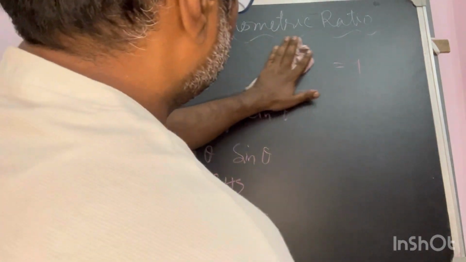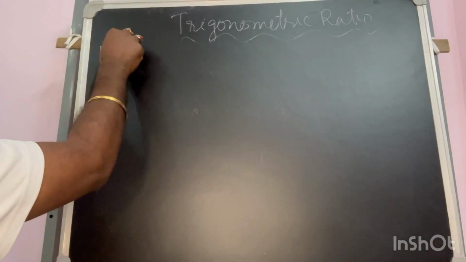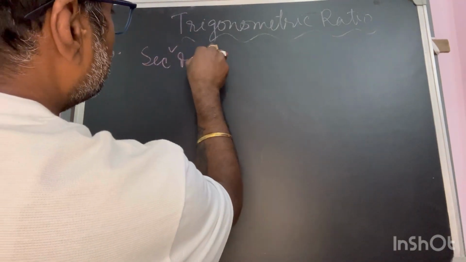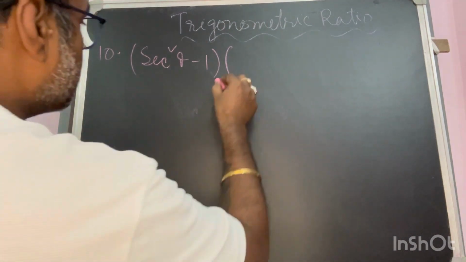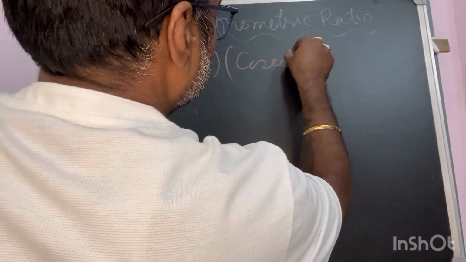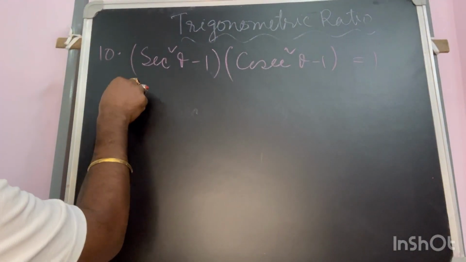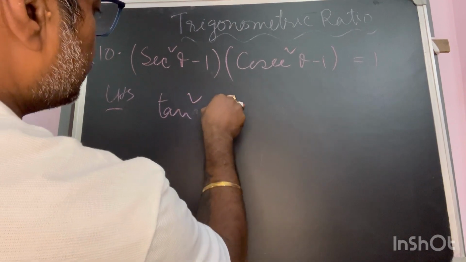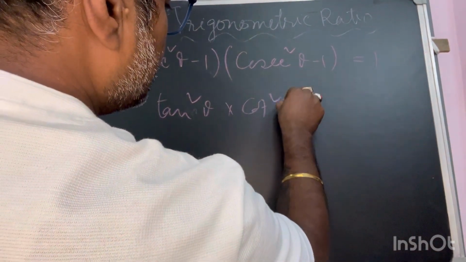Okay, moving to the next, 10. Sec square theta minus 1 into cosec square theta minus 1 is equal to 1. Left hand side, sec square theta minus 1 is equal to tan square theta, and cosec square theta minus 1 is equal to cot square theta.